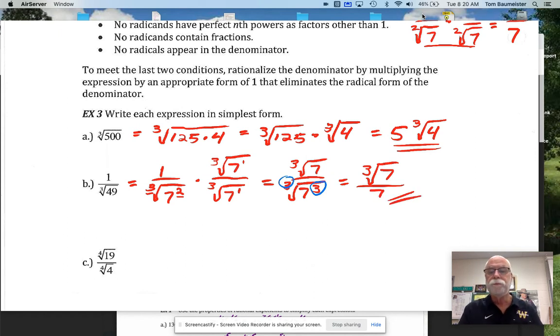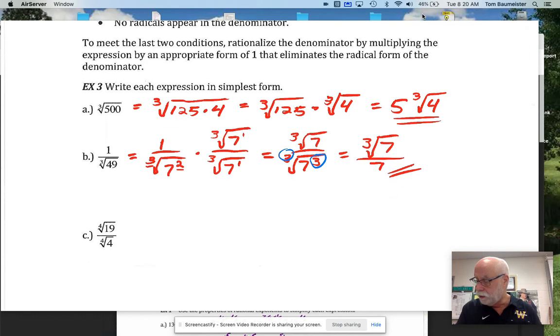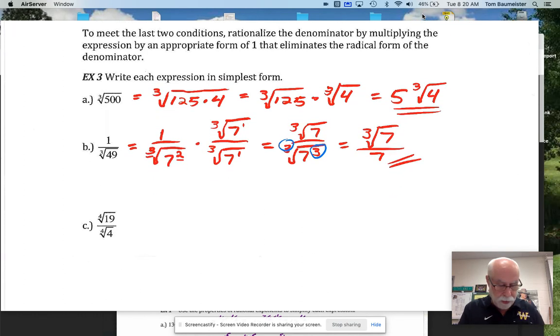All right? And then on the last one here, we're going to do the same kind of thing. So I have 1 over the 4th root of 2 squared. Hmm, I have 2 there. I need to get 4.